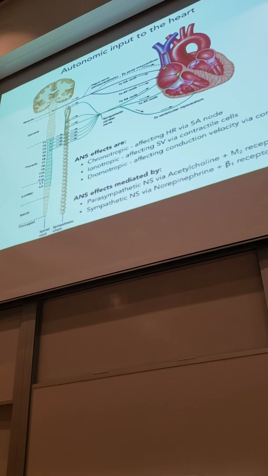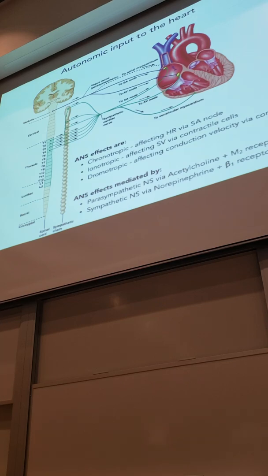And we were talking about the postganglionic neurons, the ones that are forming synapses with those cells. They have a very stereotyped release of neurotransmitter. The sympathetic nervous system will release norepinephrine to its target cells, and the parasympathetic nervous system will release acetylcholine to its target cells.